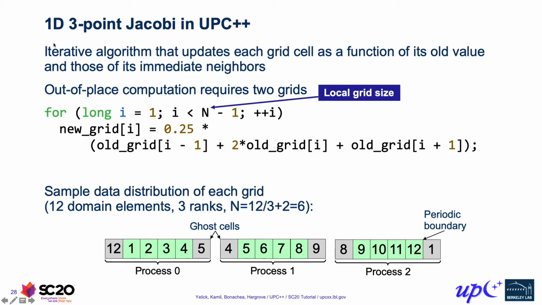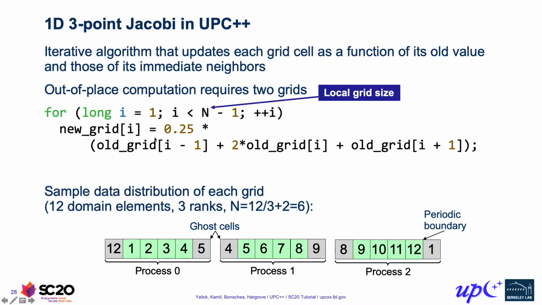So we'll stick to 1D in our examples just to make it simple, but the same principle applies for higher dimensions as well. Since it's a Jacobi iteration, this particular computation requires two grids. One grid where we're computing new values, and the other one that has the old values that we need to use in order to compute the new values.